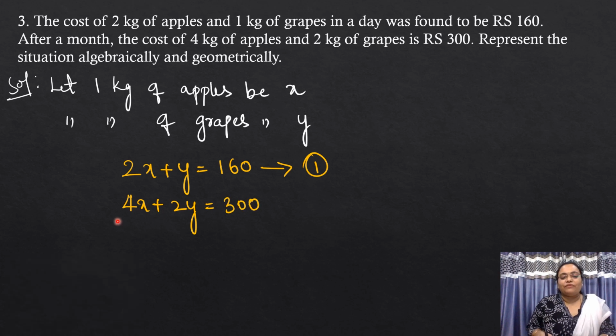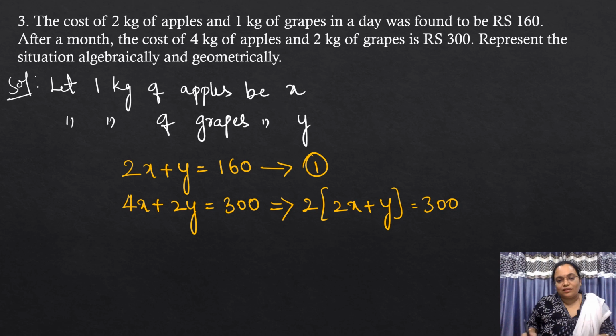If you see this equation, it can be simplified further. If you take 2 common, that is 2x plus y is equal to 300 divided by 2, that is 150.